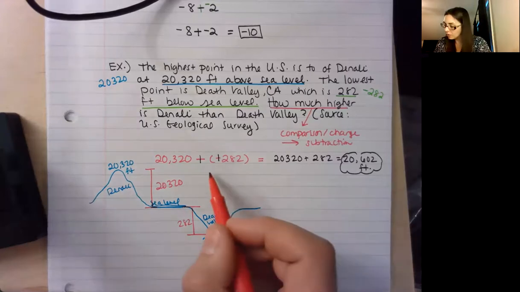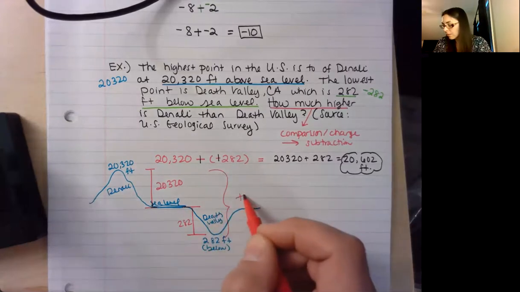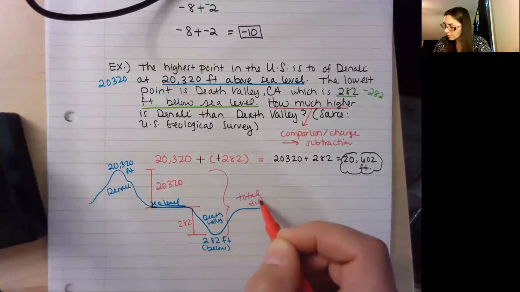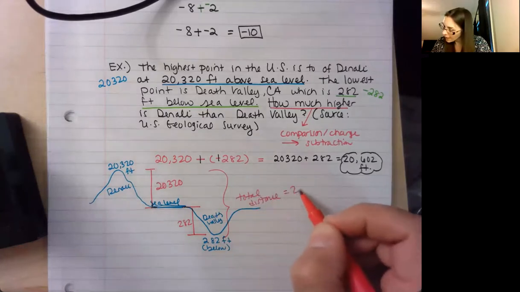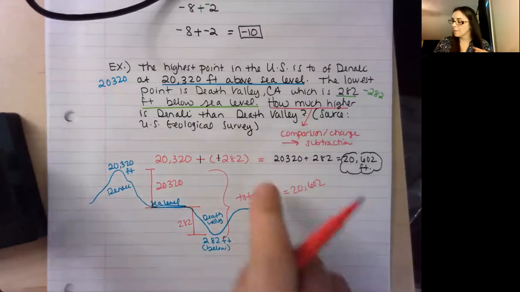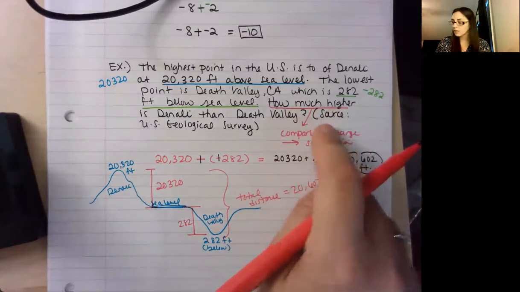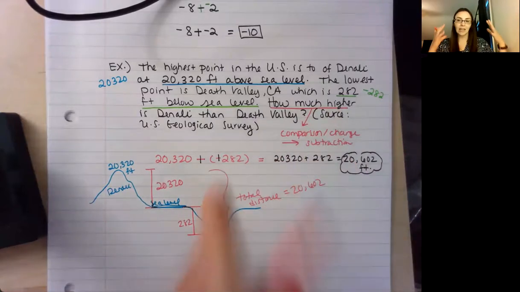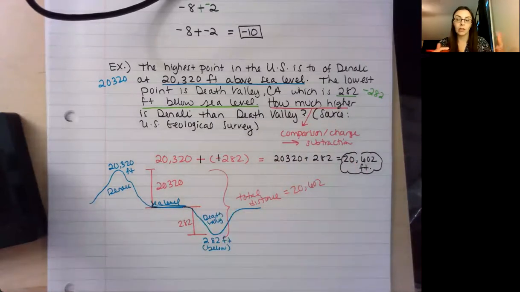And that would give you the total distance here. So that's why visually it becomes an addition problem. So it is a subtraction problem because we're looking at change, but because the second one is negative, you end up adding the two absolute values really here to find the total distance. So again, you have that idea that distance is going to end up being a positive in this case.